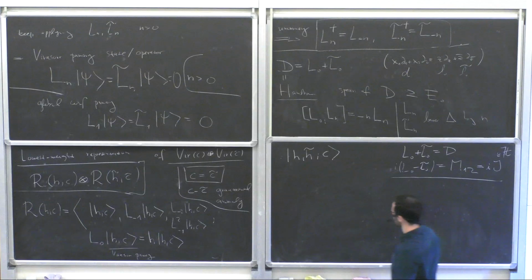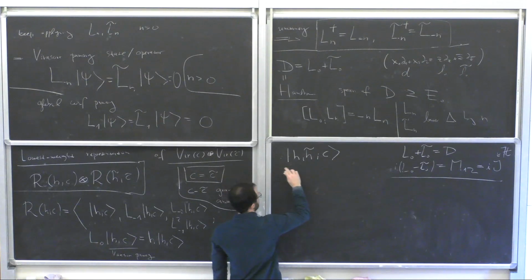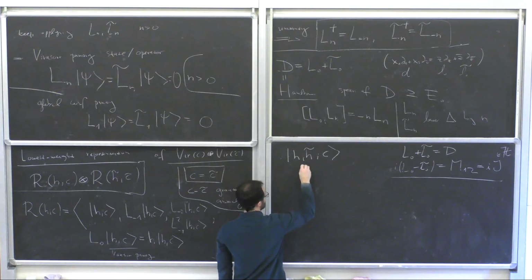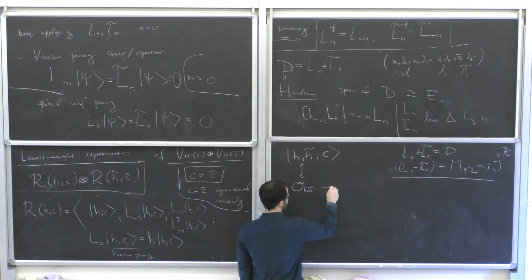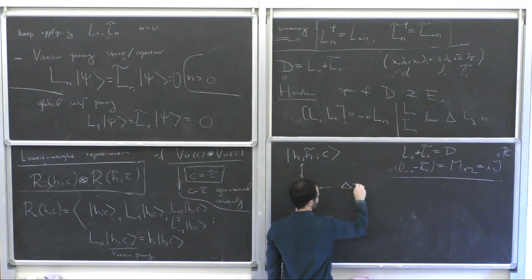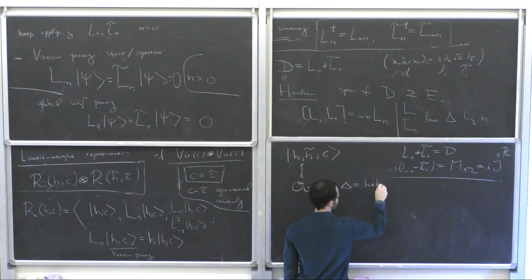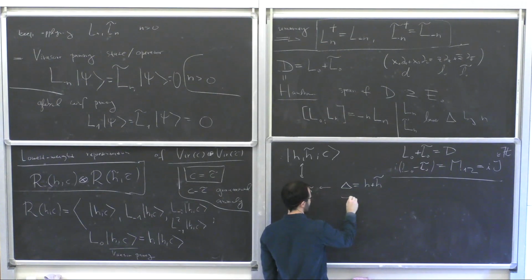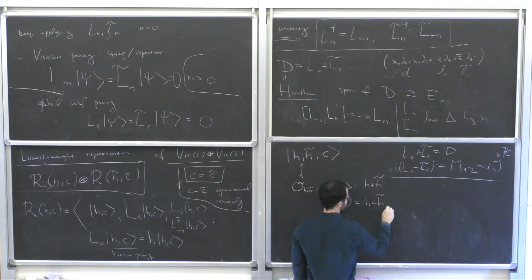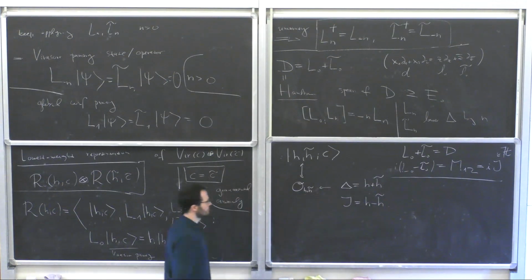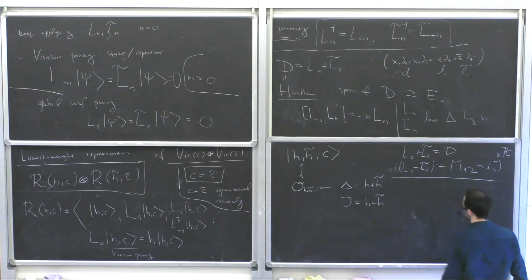So that means that the operator which corresponds to the state, maybe we can denote O_{H, H tilde}, has scaling dimension delta, which is H plus H tilde, and spin, which is H minus H tilde. That just follows from over here.